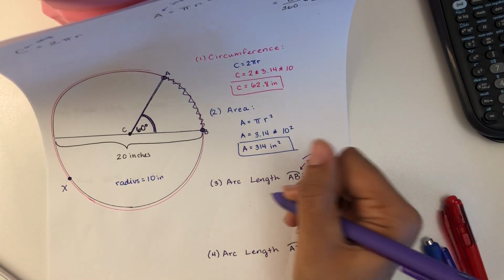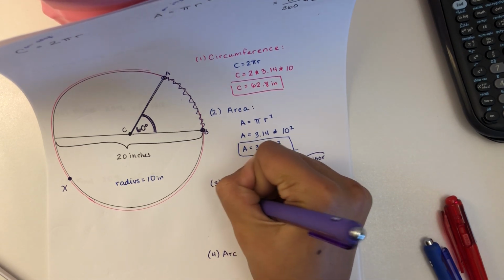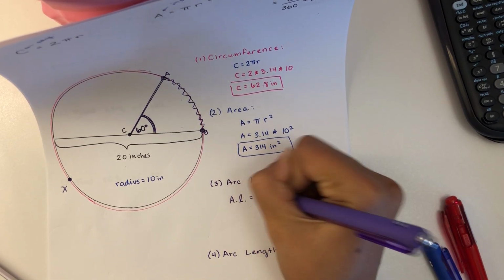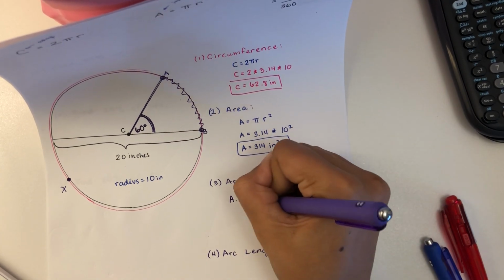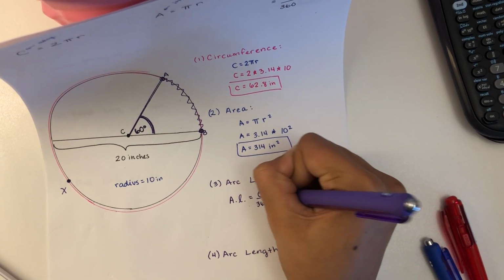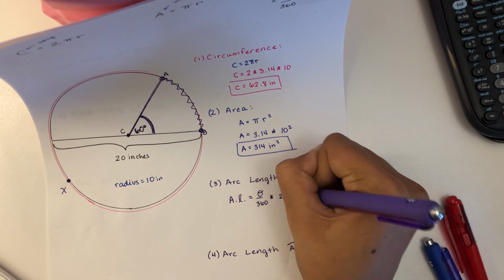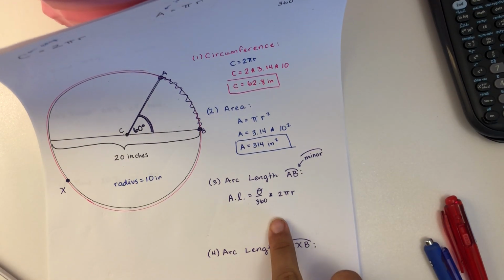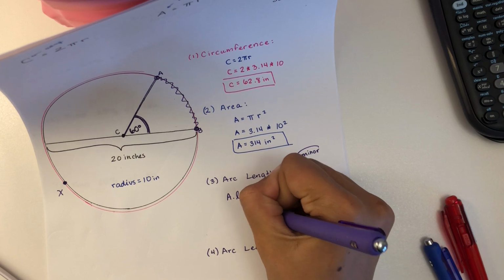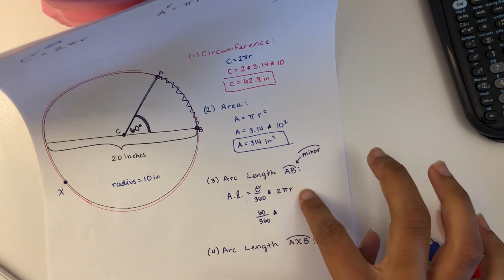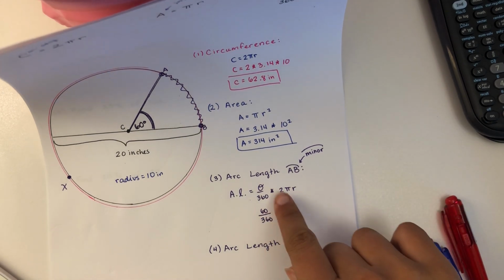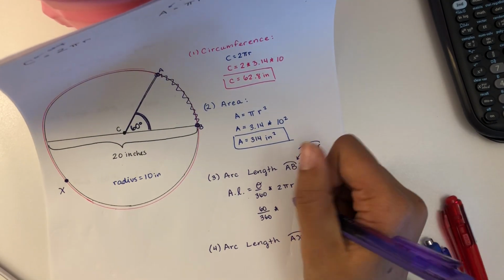So we're going to use our arc length formula. Instead of theta, so I'll rewrite it out anyway. Instead of theta, we're using 60 over 360 times, instead of 2 pi r, you're doing 2 times pi times r.